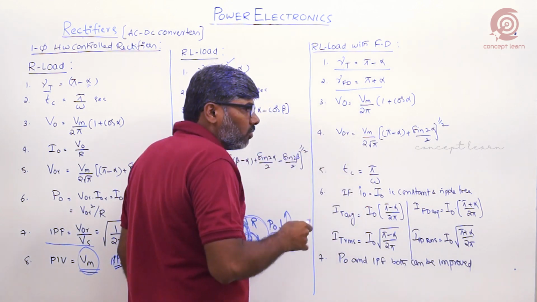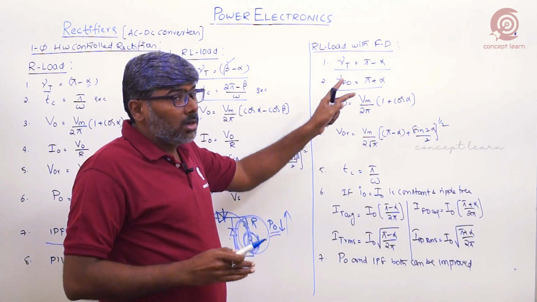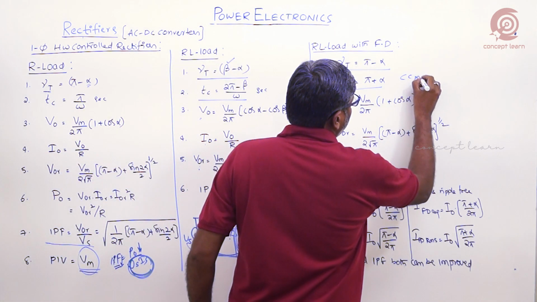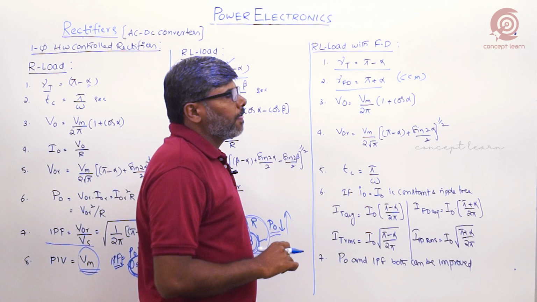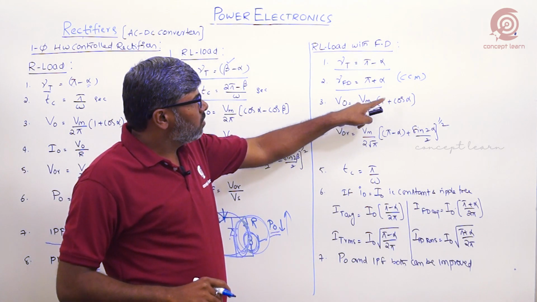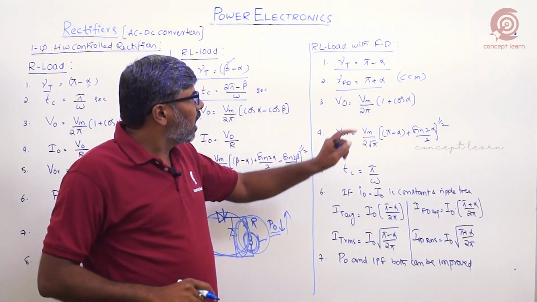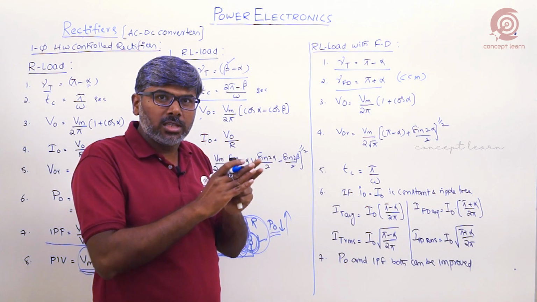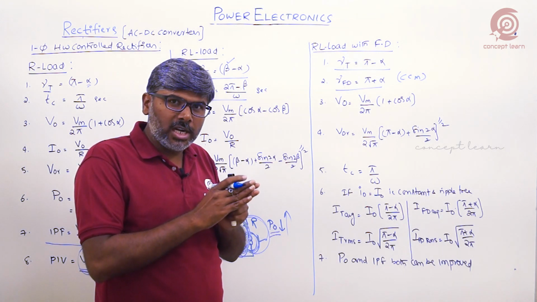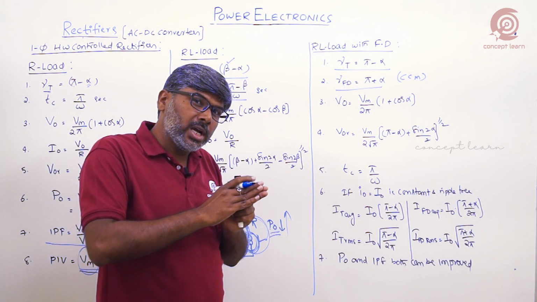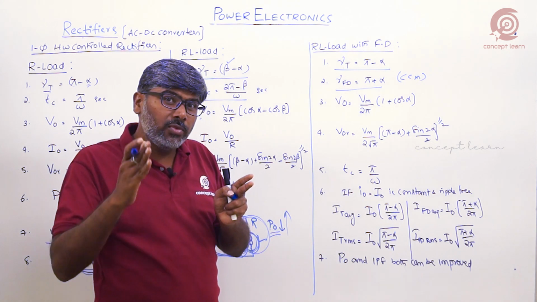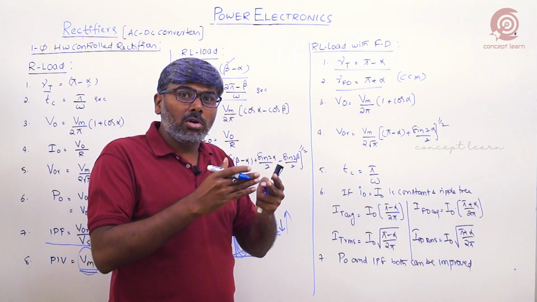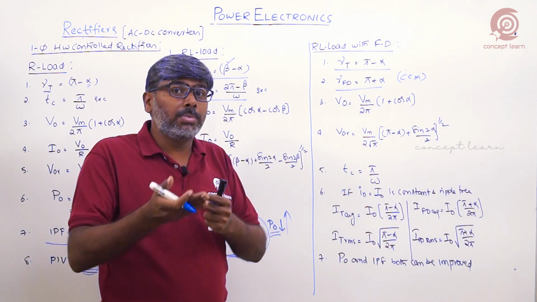Now for the conducting period of the freewheeling diode, I have taken continuous conduction for the sake of easy analysis. This is only for continuous conduction, not for discontinuous, right? In the continuous conduction mode, the conduction angle of the freewheeling diode is pi plus alpha. If the main switch thyristor turns off at the pi instant, the freewheeling diode conducts up to the instant where the thyristor turns on again, in the next cycle, that is 2 pi plus alpha, right?